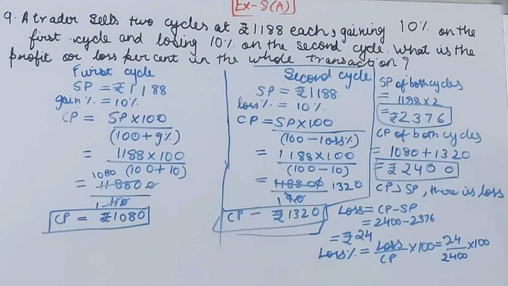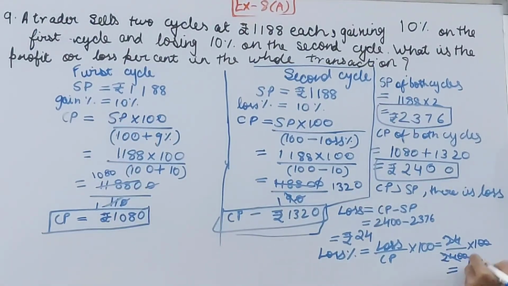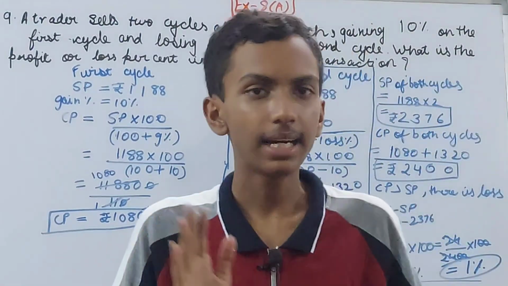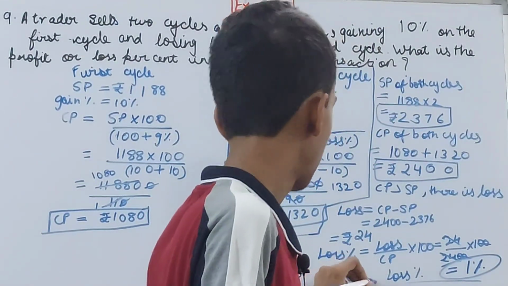Multiply this with 100. What will happen? The 24 and 2400 will cancel, and you get the answer as 1%. So the loss percent comes out to be 1%. That is your final answer.